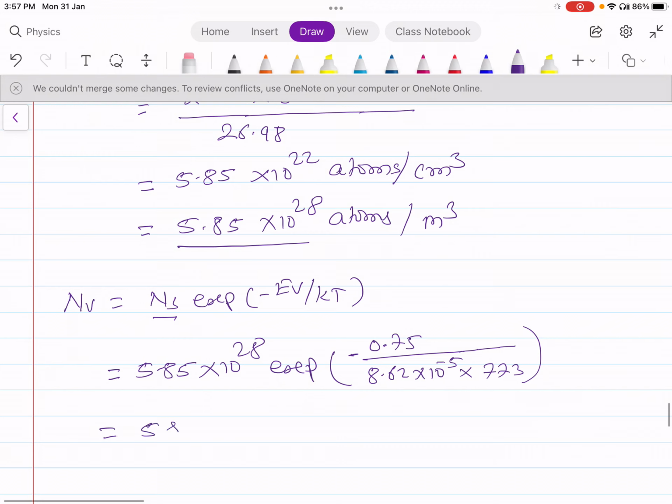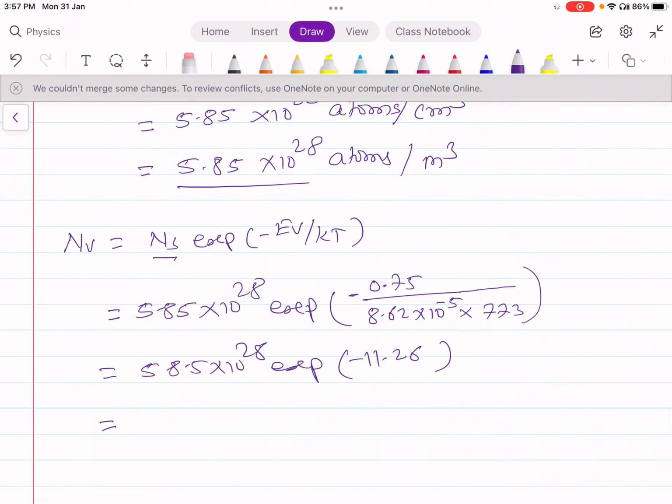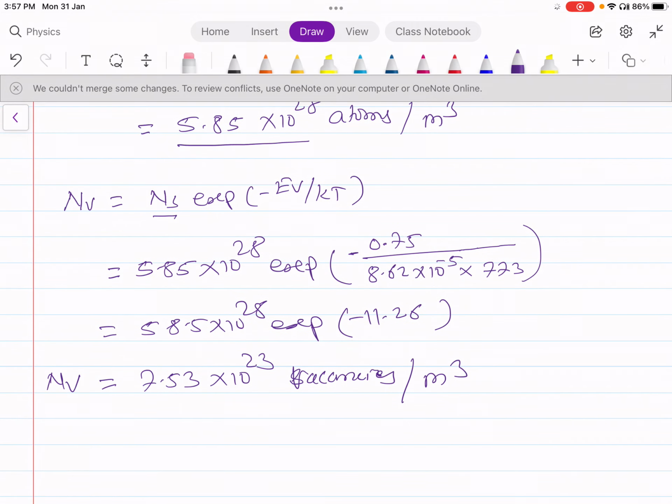So 5.85 into 10 to power 28 exponential of minus 11.26. If you simplify further, you get 7.53 into 10 to power 23 vacancies per meter cube for the aluminium at 500 degrees Celsius. And that is the answer.